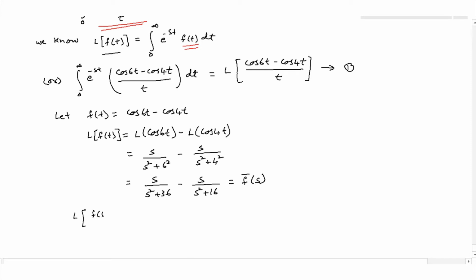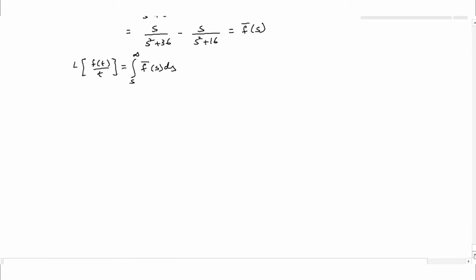Therefore, Laplace transform of f of t by t, we know the formula, is nothing but the integral from s to infinity of f bar of s into ds. That's the basic formula we have. So now let us plug in the value of f bar of s.